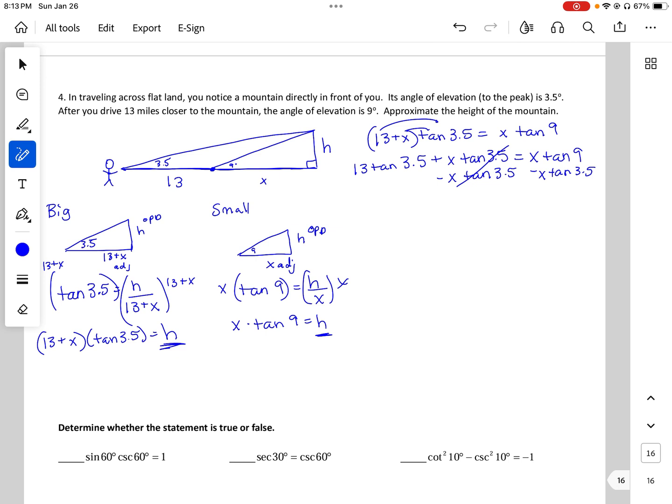Okay, so we have 13 tan 3.5 equals x tan 9 minus x tan 3.5. Okay, so just like I distributed 13 plus x, I'm going to factor out the x here. So I'm going to keep the left side the same.